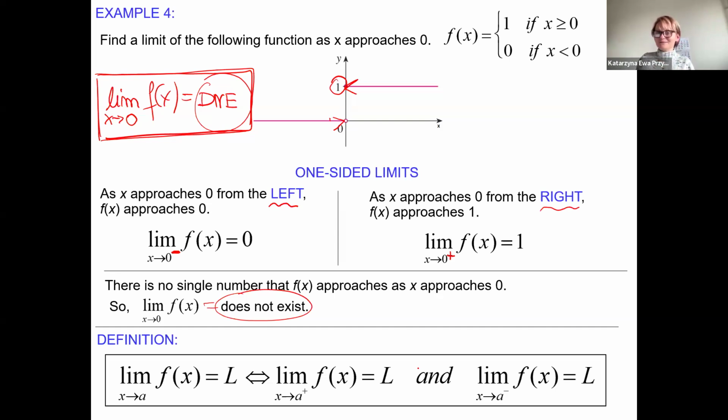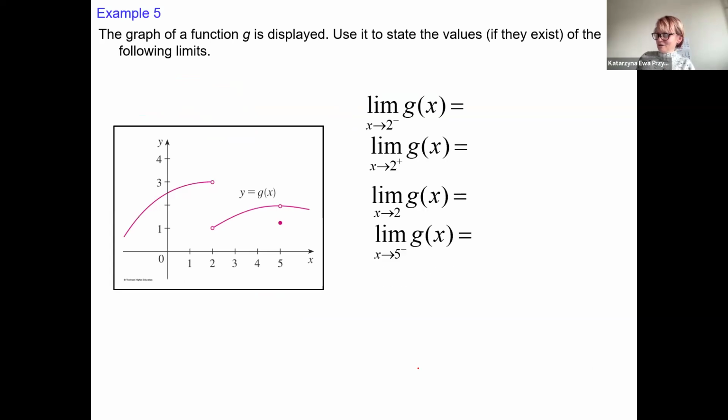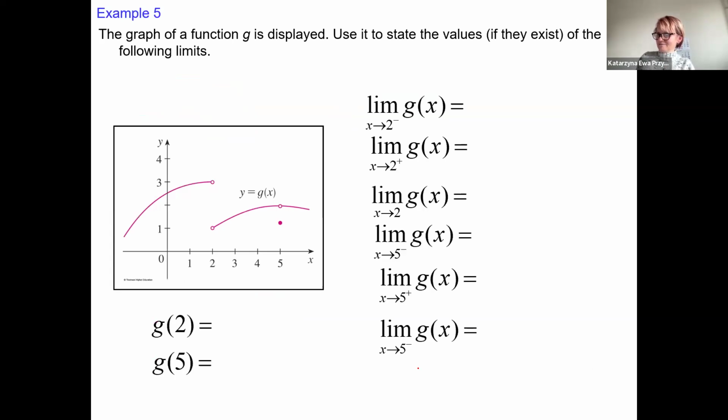Okay, good. Example number 4. Now really quickly, example number 5, I will just test if we understand. You have to give me all of those answers. We have a function g of x. We see everything, okay? I will not explain. I hope we see the open dot and the solid dot.